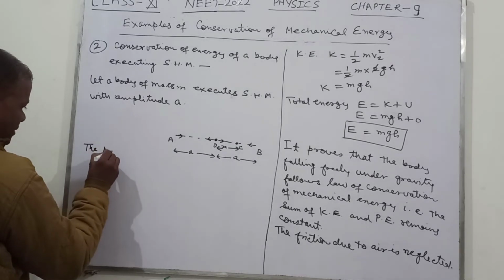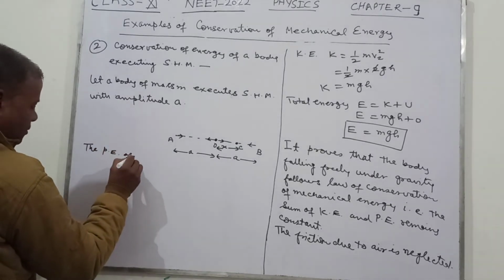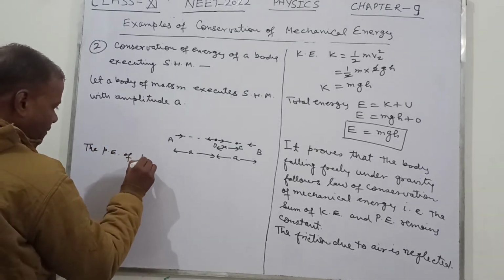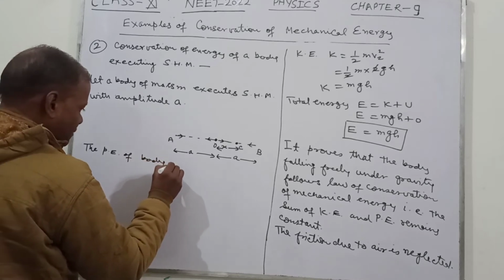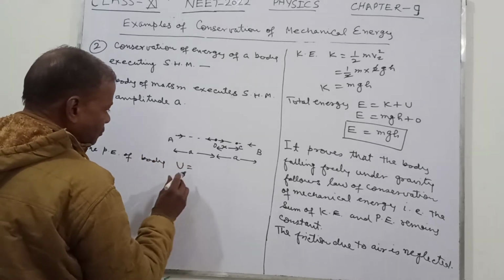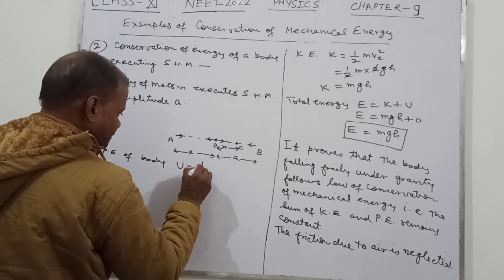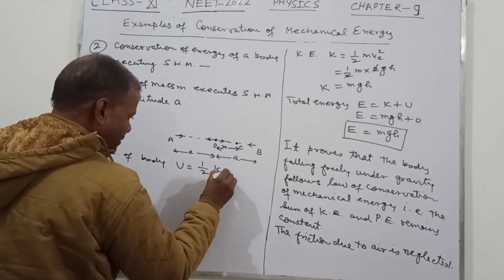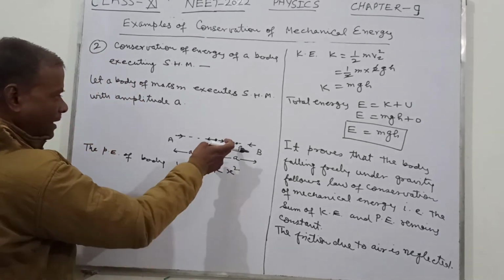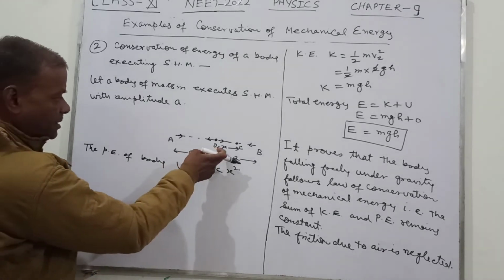The potential energy of the body, U, is equal to half k x square at the point C, because at C the displacement is x.